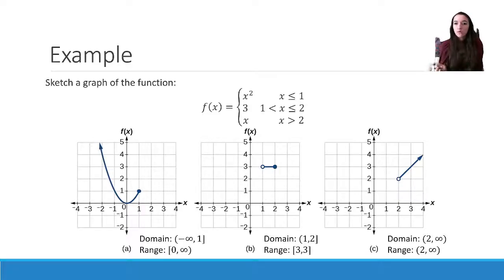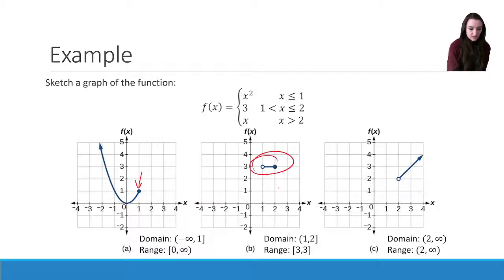So what we're going to do is graph each of these pieces on the domain that was given. So first, x squared, when x is less than or equal to 1, which, remember, the domain is negative infinity to 1, then we have, well, this is x squared, but I'm stopping at 1, okay? Then, from 1 to 2, not including 1, we're just the constant function 3.